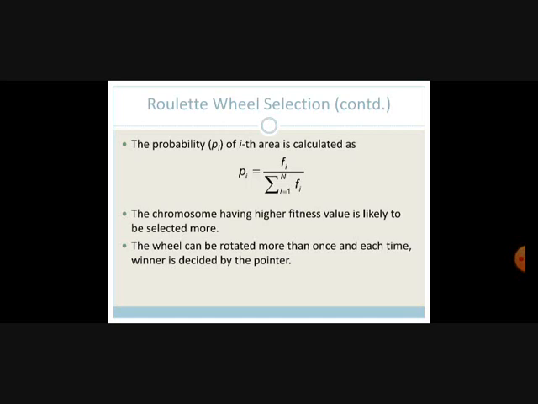Here the probability Pi of the i-th area is calculated as Fi divided by the summation of all the fitness values of all n chromosomes, and the chromosome having higher fitness value is likely to be selected more. The wheel can be rotated more than once, and each time the winner is decided by the pointer.